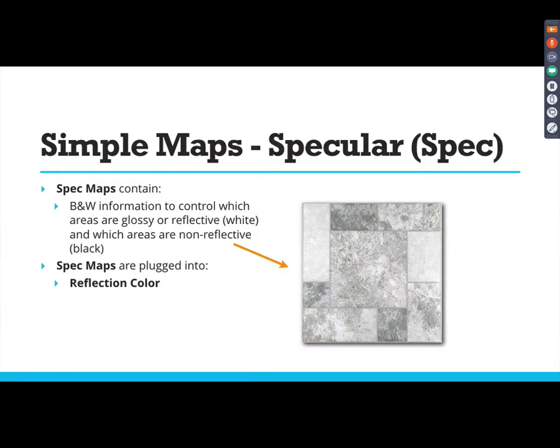Spec maps. This allows us to control reflectivity on a surface. For instance, my example here is 12 by 12 inch vinyl tile. So, any low-lying areas on that tile, because you guys have all seen tile like this. In fact, we probably have some outside here in a couple of the buildings.